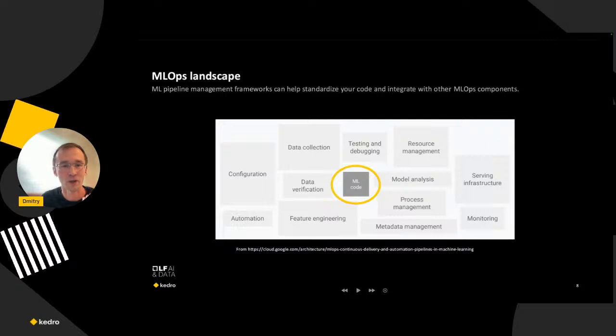Starting from configuration, you need to provide data collection, verify data, test and debug your project, do feature engineering, and provide resource management, allocating resources. When you build your model, you need to make some analysis, manage metadata, and in the end, automate all this and monitor all of this.